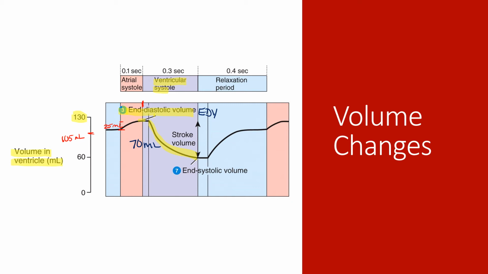And the right ventricle is going to pump the same amount of blood, but into the pulmonary trunk. Now, at the end of ventricular systole, we have still about 60 milliliters left in each of these ventricles, and this is called end systolic volume.